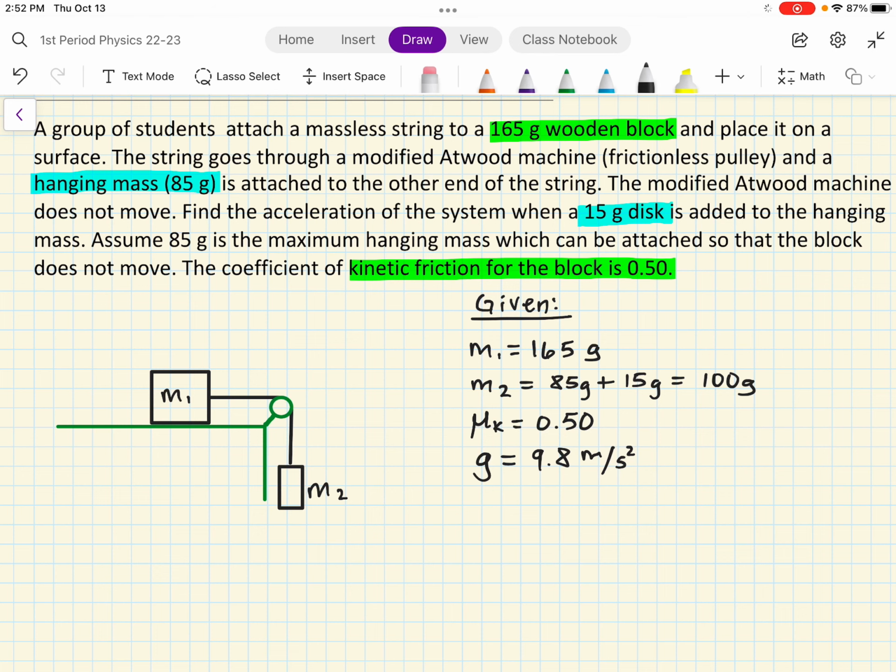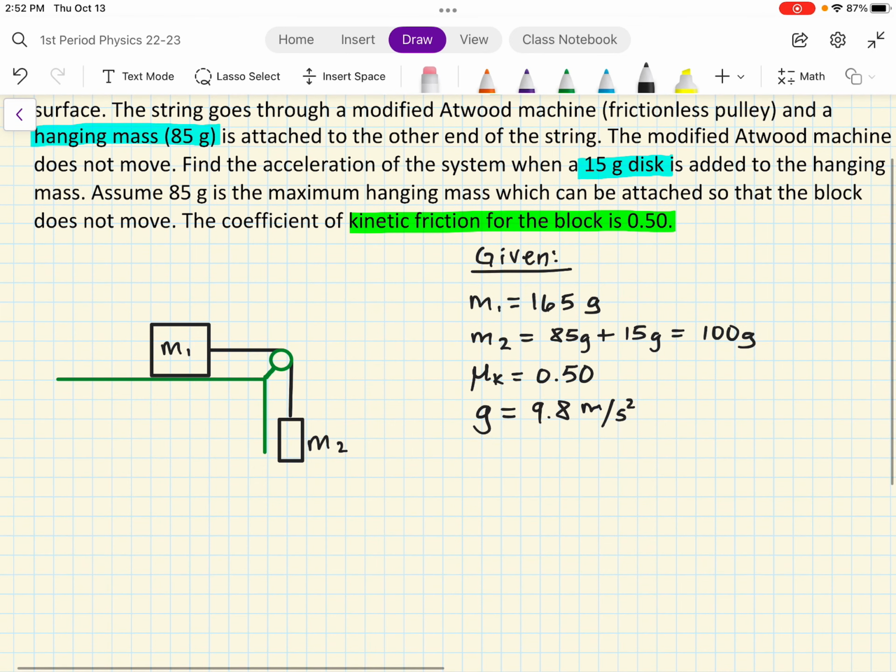And we need to find the acceleration of the system. So a. Okay, so let's see what's happening.